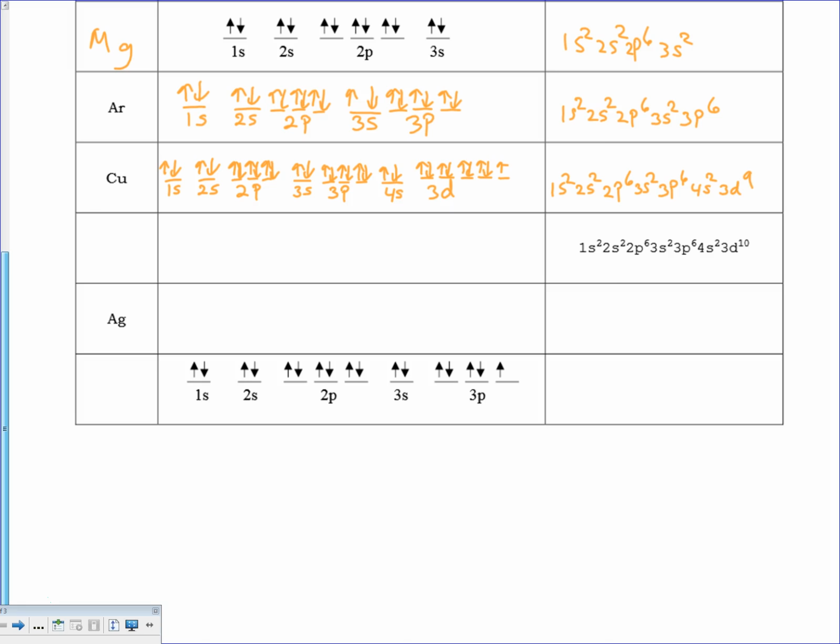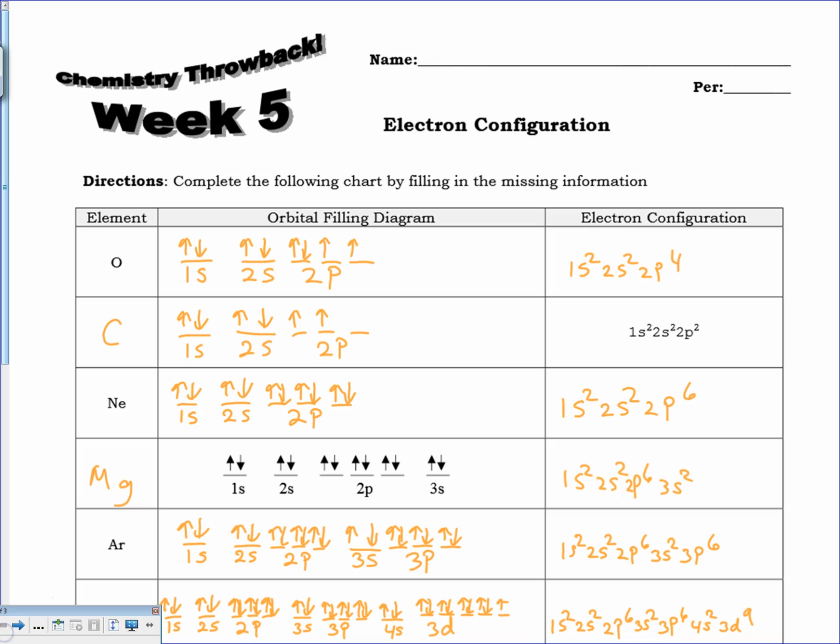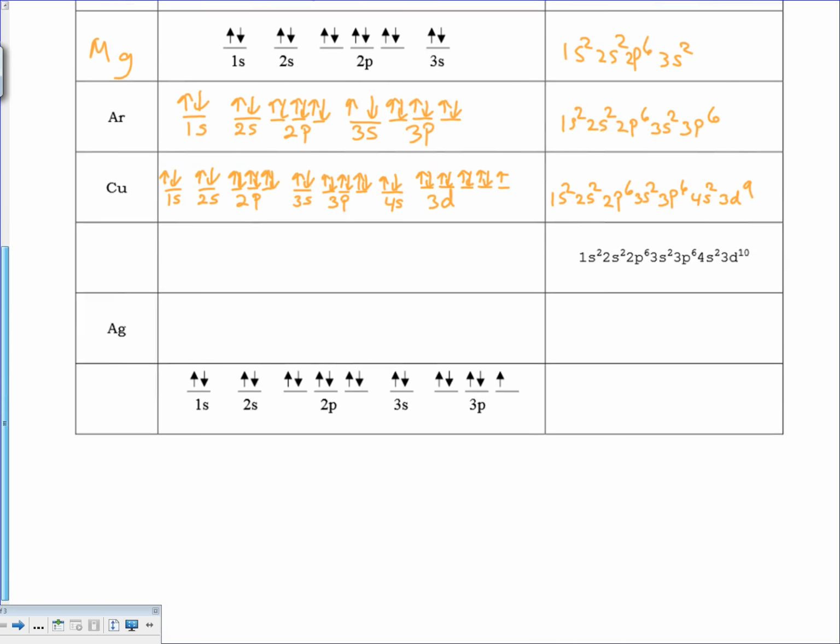Next one, we have to identify it. It's the end of the 3D sublevel. We look here, and it's actually just 1 over from copper, so that makes it zinc. Oops, that should be a lowercase n. Same thing, we just have 1 more electron.